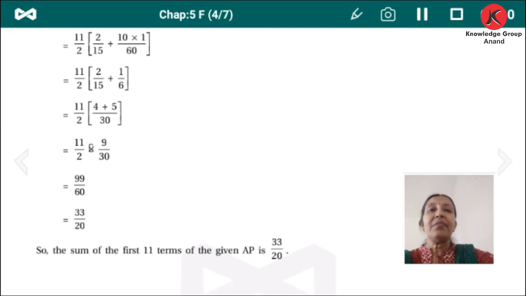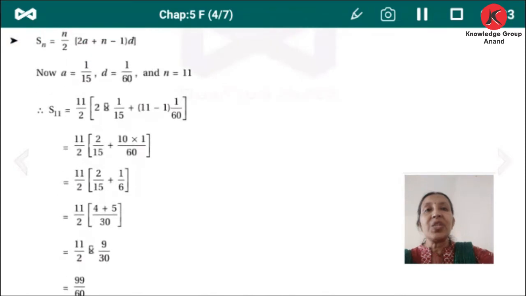Therefore, 99 by 60, which is 33 upon 20.